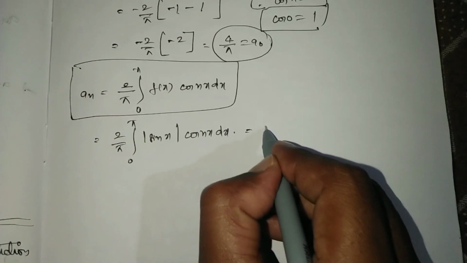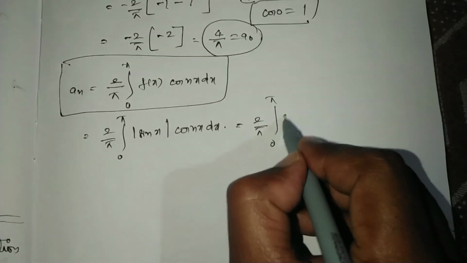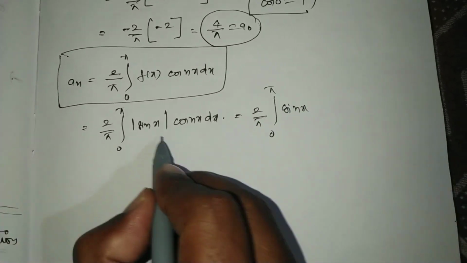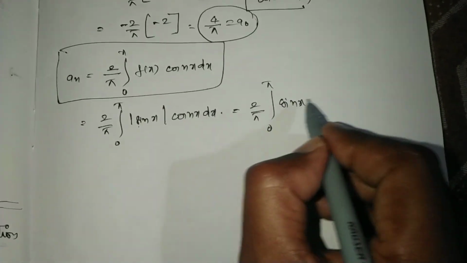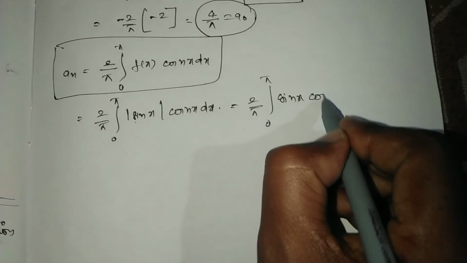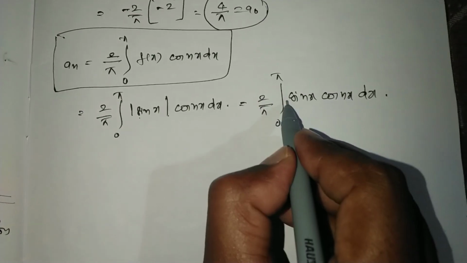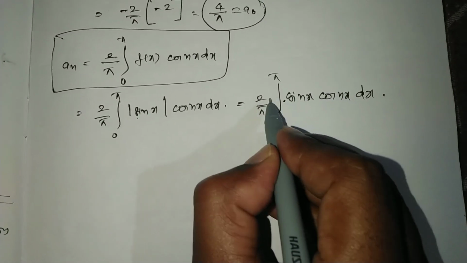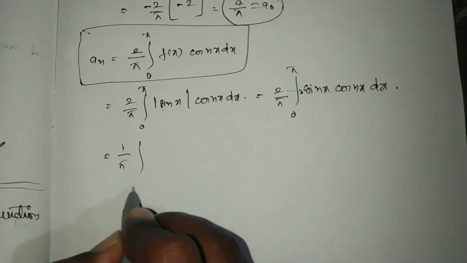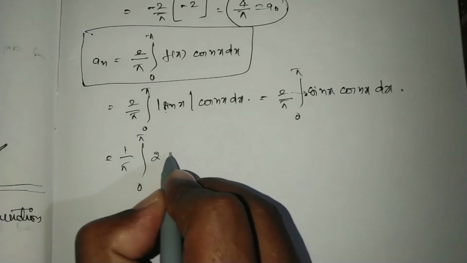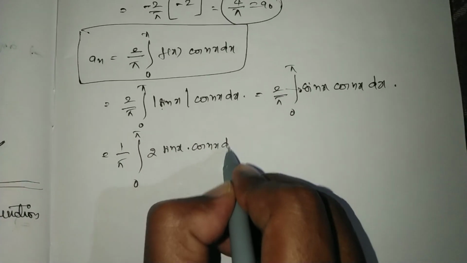Now I am going to remove this mod value, so sin x into cos nx dx. Now take the 2 into this side, that will be 1 by pi integral 0 to pi 2 times sin x into cos nx dx.